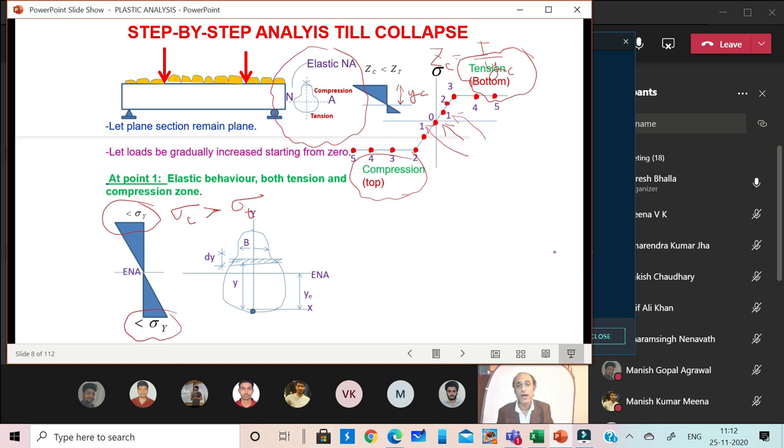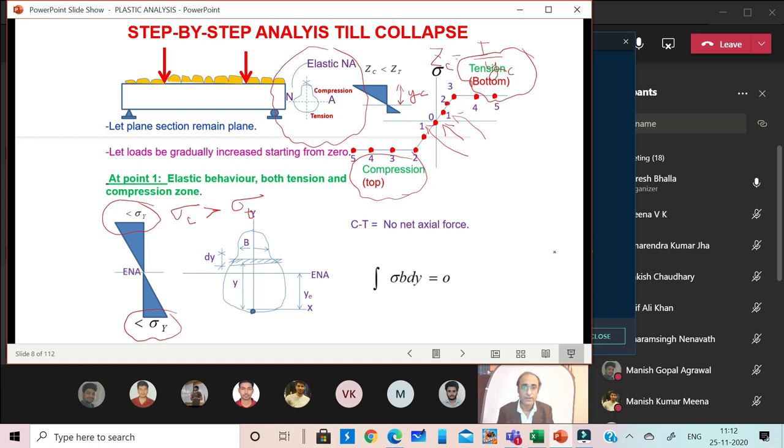Now how do we determine the neutral axis? How do we define it? The neutral axis is the line on one side of which we have tension and on the other side compression, such that the tensile and compressive forces are equal to one another. That is, there is no net axial force in this section.